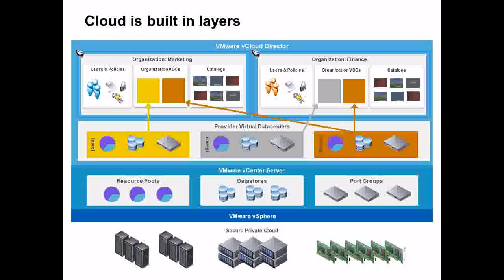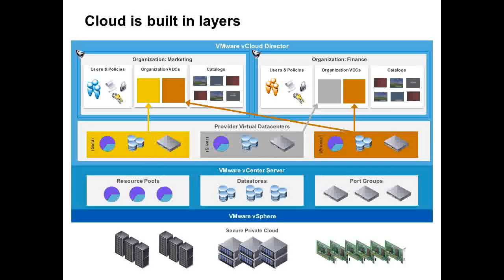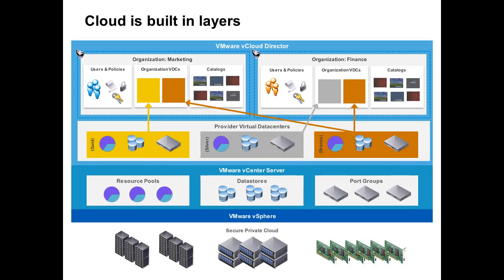Clouds are built in layers. You start with your vSphere environment and you build out your resource pools, data stores and port groups. You then start layering on top of that your vCloud Director environment.